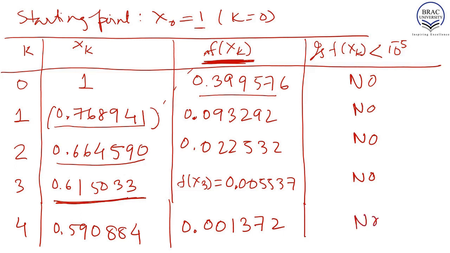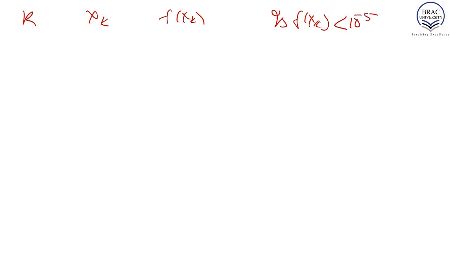So we'll continue. So I am running. Let me write it again. So I erase it. It will be k, xk, f of xk, and that is f of xk is less than 10 to the power minus 5.